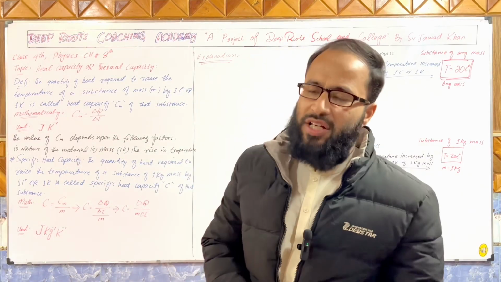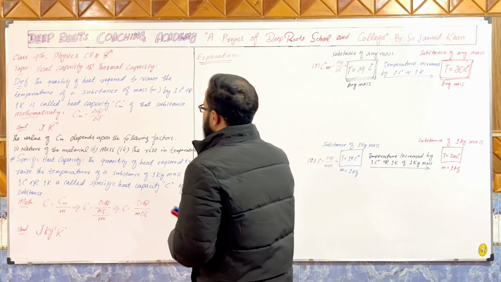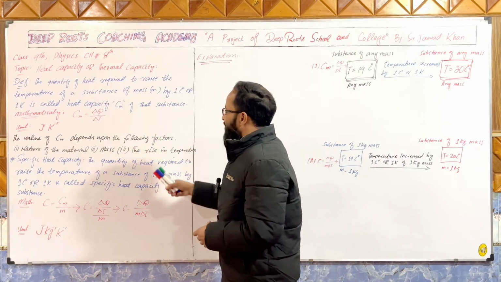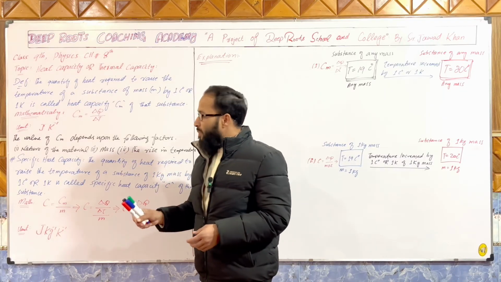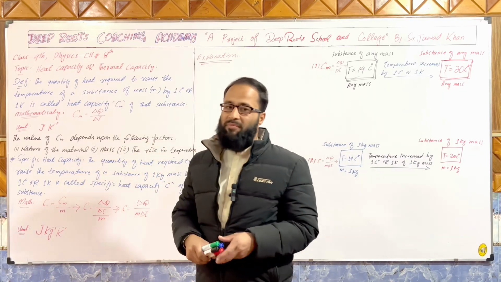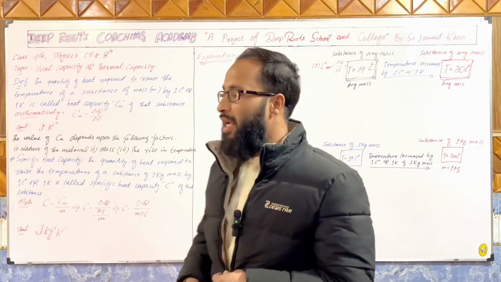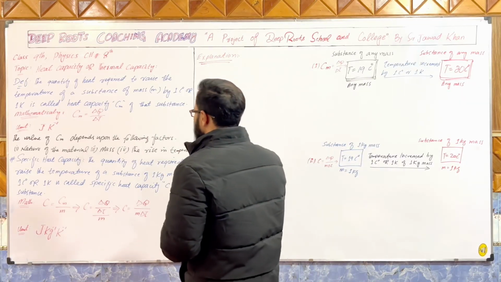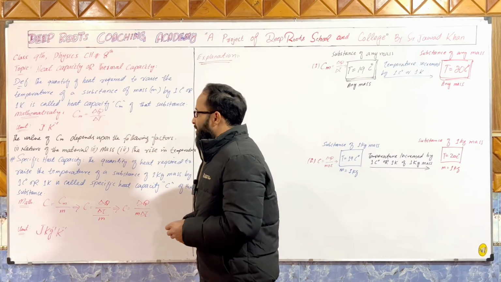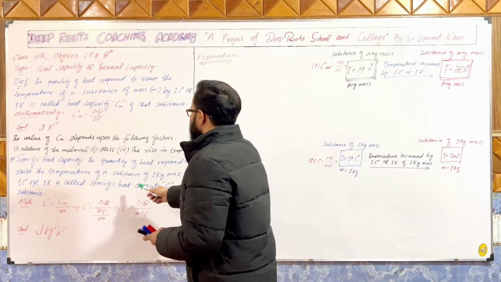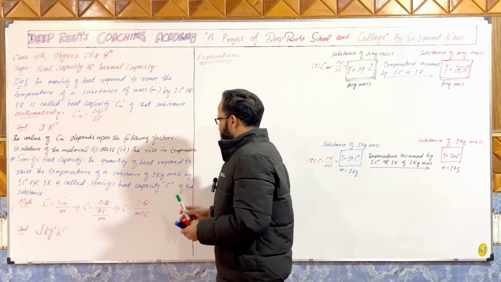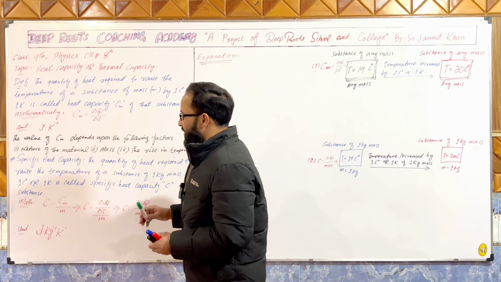Specific heat capacity has the same definition as written here, but the only difference is 1 kg. So the quantity of heat required to raise the temperature of an object by 1 Kelvin or 1 degree centigrade, but having 1 kg mass, is called specific heat capacity, and that is represented by C of that substance.